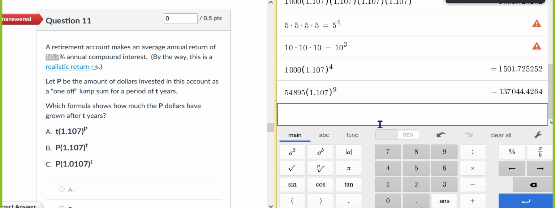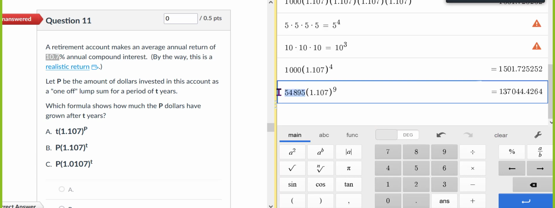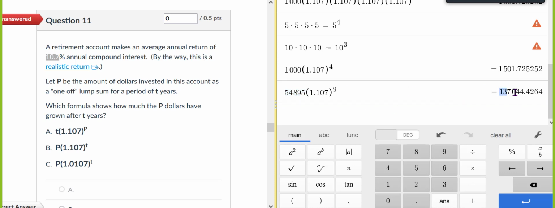By the way, if you stuck this money in a retirement account when you're age, say, 56, and then you retire when you're 65, that money would have increased to that amount if you were making 10.7%. Which is very risky, because sometimes the stock market goes way up, like 20-30%, sometimes it goes way down.